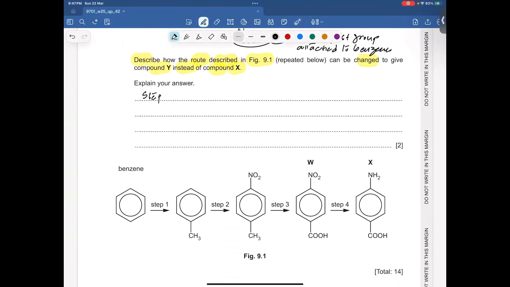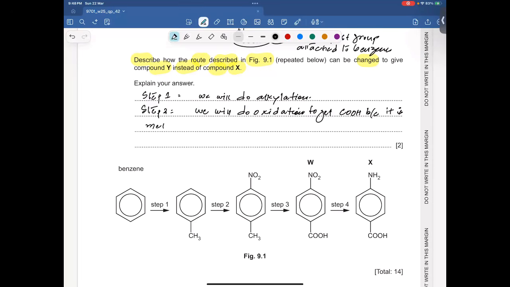Step 1: we will do alkylation. In step 2, we will do oxidation to get COOH, because it is a meta directing or deactivating group.